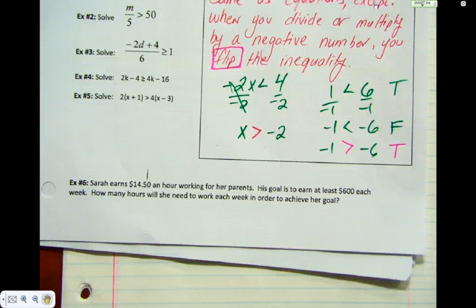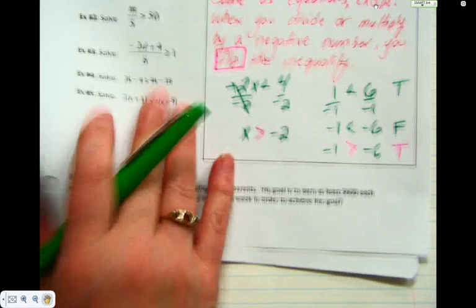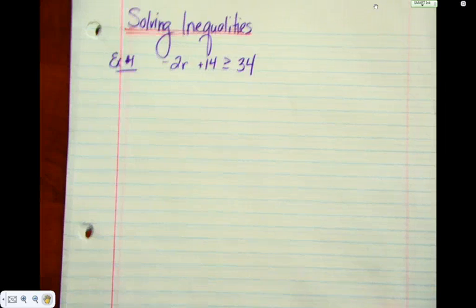So you might want to have your foldable out right beside you because it's got those 7 steps that we're going to go through every single time. So grab that if you don't have it already. Grab a piece of paper if you don't have that already.